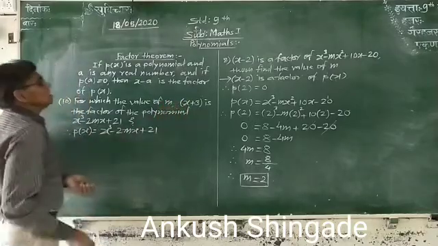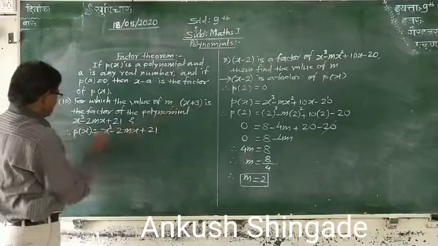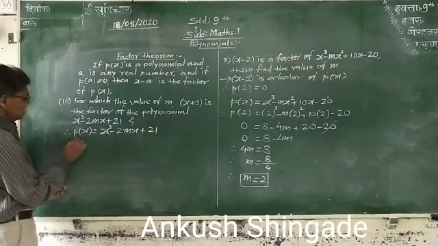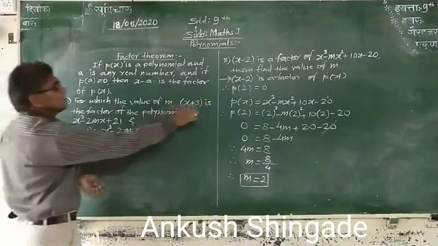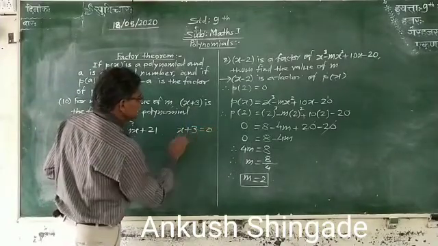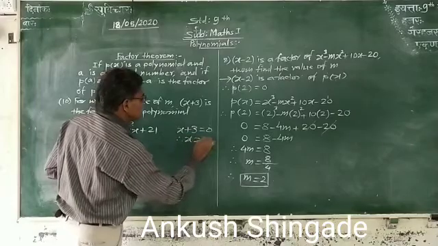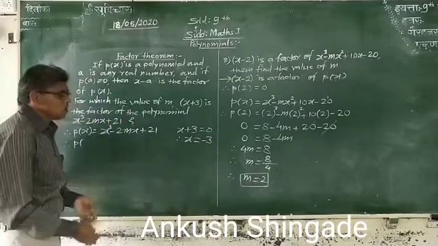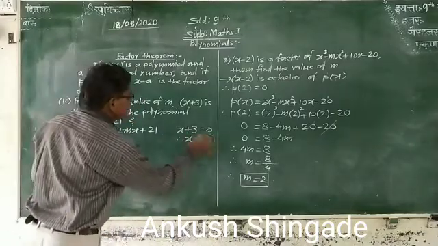Here x plus 3 is the divisor, therefore x equal to minus 3. Opposite number of plus 3 is minus 3.